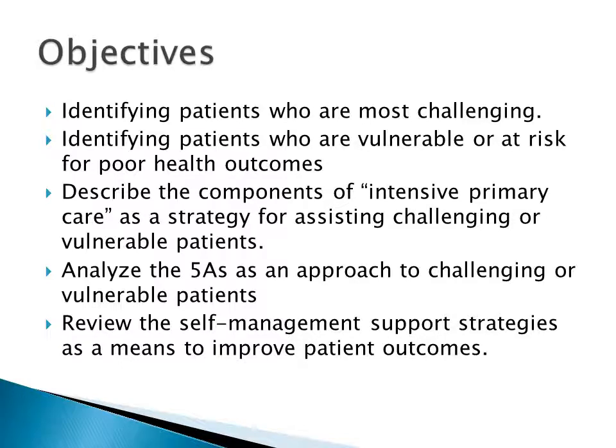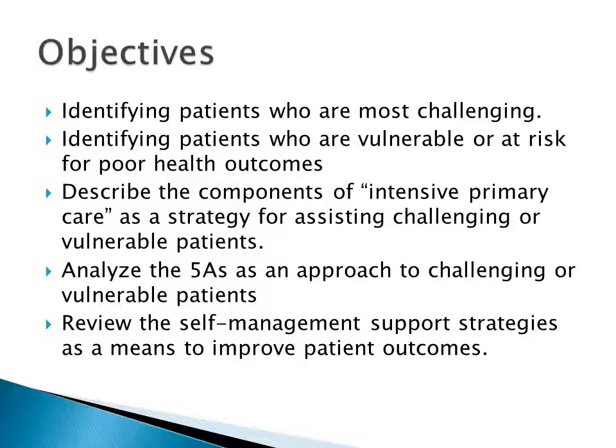So to be official with regard to the CEs, the objectives are that we're going to identify patients who are most challenging, but also patients who are vulnerable or at risk for poor health outcomes. And we're going to describe some components of what I call intensive primary care as a strategy for assisting either challenging or vulnerable patients.